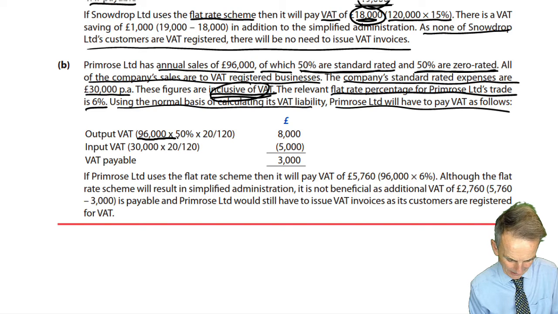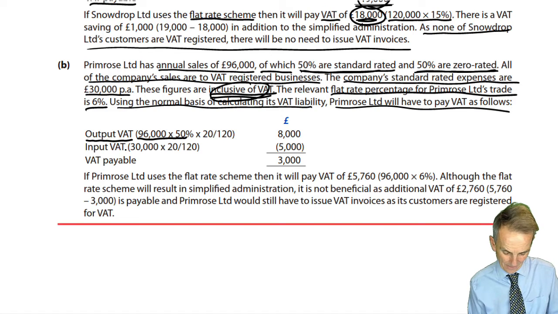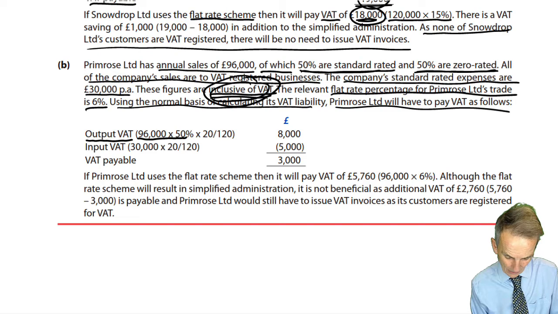So 50% of the sales are standard rated, and therefore we need to account for output VAT thereon. The figures of sales given are, as we have seen, inclusive of VAT. The inclusive calculation, 21/20ths.